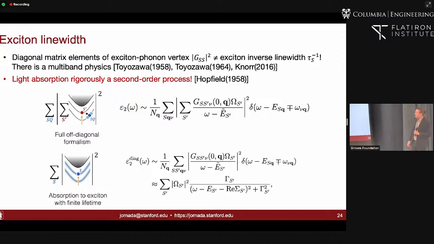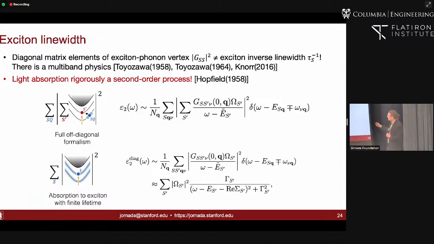But what Hopfield actually showed, and what we're putting in the first-principles formalism, is that this process is really second order, in the sense that you shine light, you go to an intermediate state with band number S prime, and via interaction with phonons, you scatter to another exciton band with another momentum q, and that's your final state.